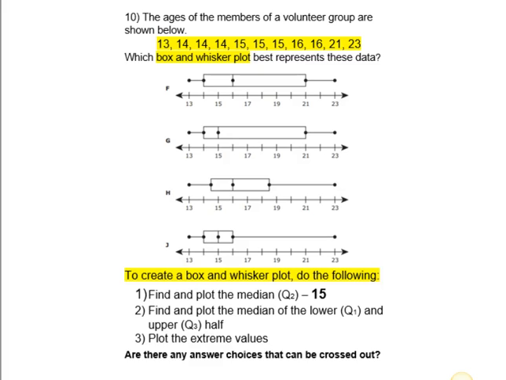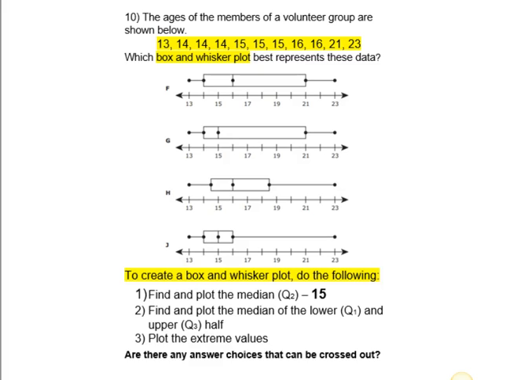Now we also must plot the median of the lower half, which is Q1, and also the upper half, which is Q3, and those are the lines that we would have in order to create our box and whisker plot. In knowing that information, are there any answer choices we can think of that we could possibly cross out? Again, we know that our median, our Q2, so that's our middle line, is 15.